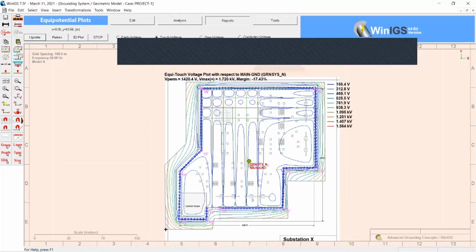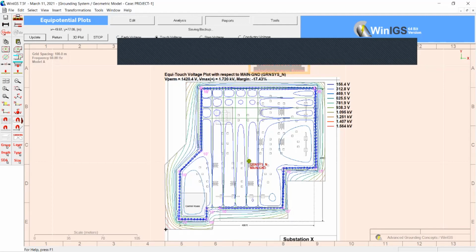Yeah, minus 17.43. Yeah, margin is okay, but this is a threshold. Okay, so margin you have minus 17.43%. That will give you more safety.